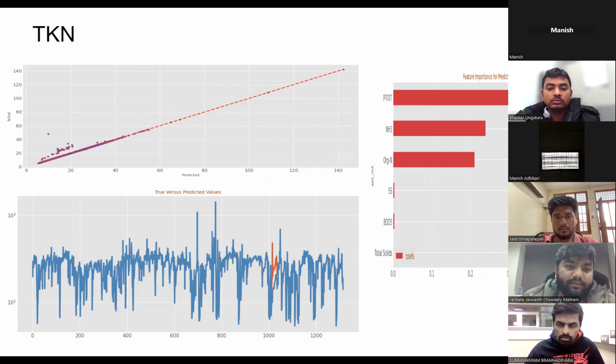In some cases there are some errors, so it shows some values not predicted correctly, and the same goes for the diagram below. In some cases the error values are predicted. In the feature importance, TKN is mostly correlated with the total phosphorus feature compared to the others. On to the next slide.